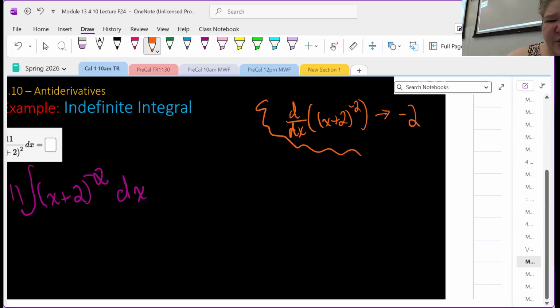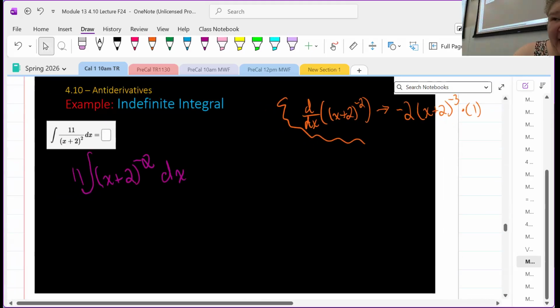So my derivative would be -2 times x plus 2 to the -3, and then times the derivative of x plus 2, which is just 1. So this is really just a power rule. It's just what's inside the power rule looks a little sillier. But other than that, I'm just using my power rule.